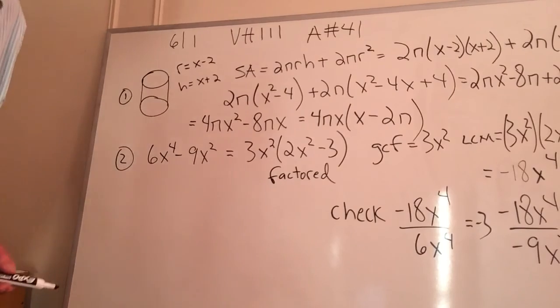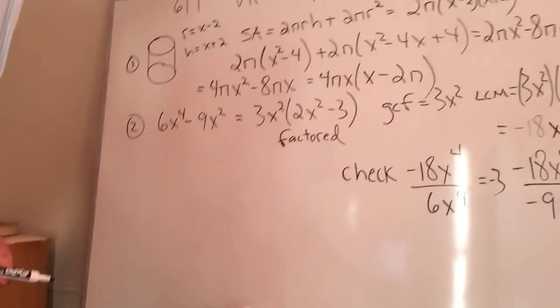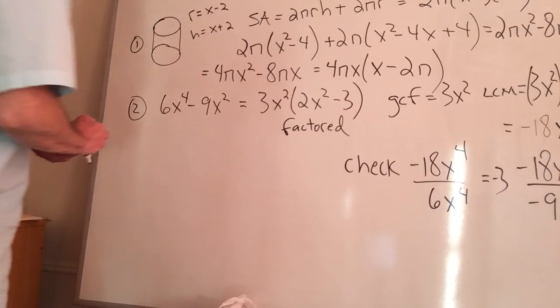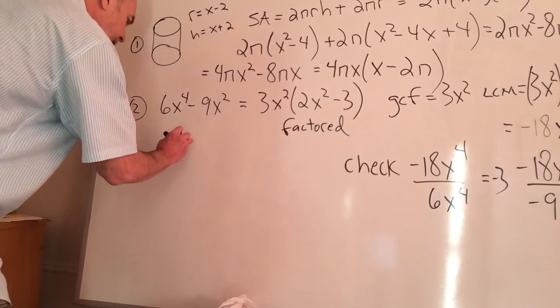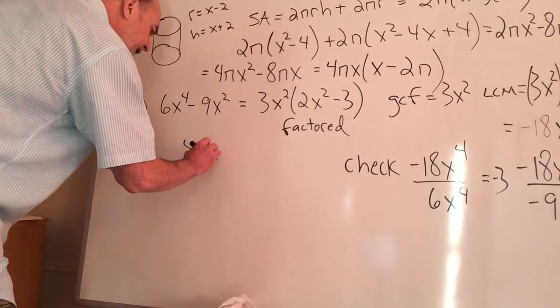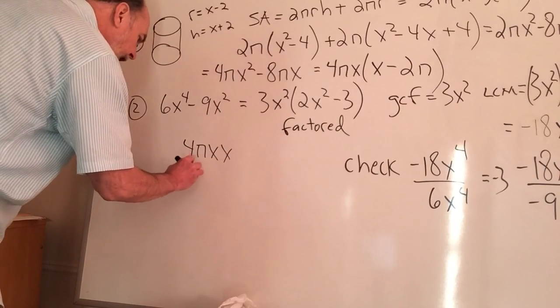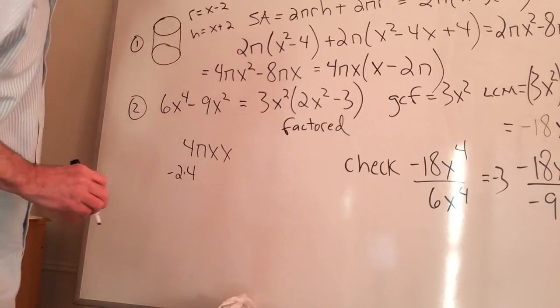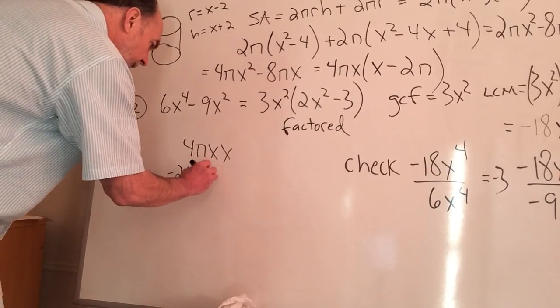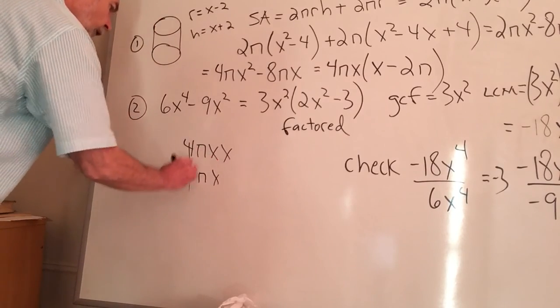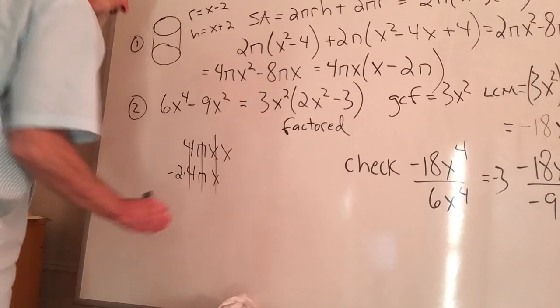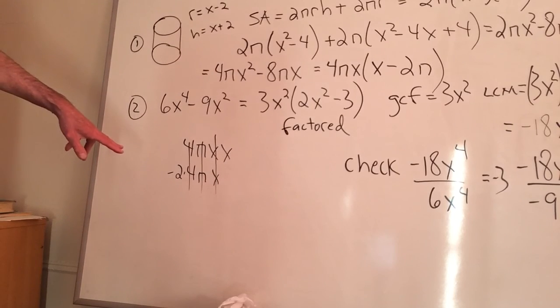I'll do that over here in the corner so you can see what I'm talking about. And here we have 4 pi x times x. On the other side, minus 2 times 4, because that equals 8. I'm trying to make the math easier for you. Pi x, the 4, the pi, and the x match.